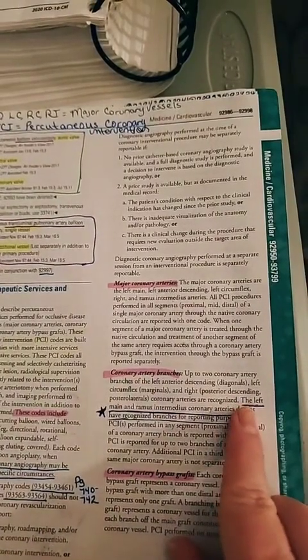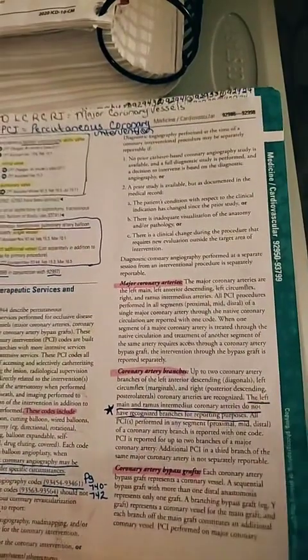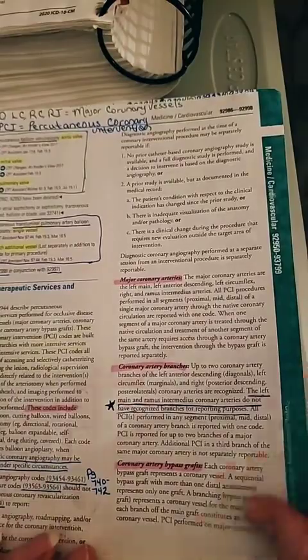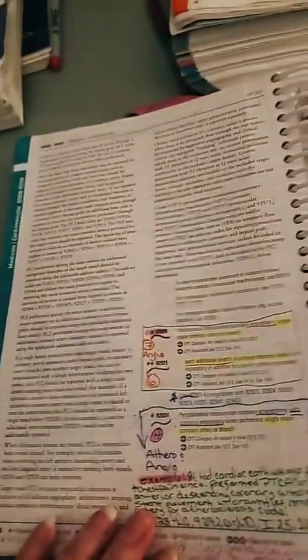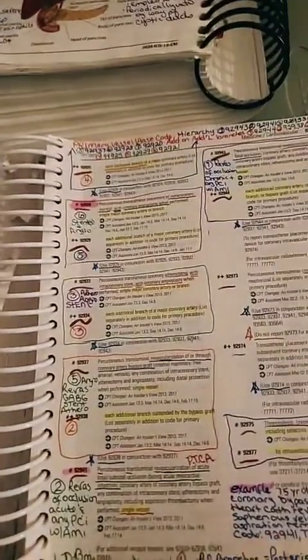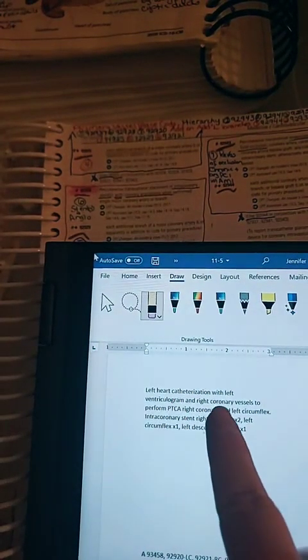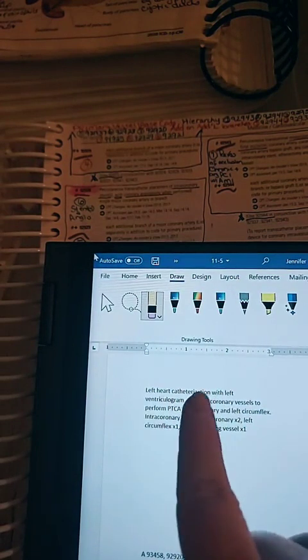It says the left approach is not codable. So there may be a lot of other approaches in certain questions, and I need to find some more examples of them. And maybe if y'all have some that y'all are practicing on, I can help explain it. But make sure you're in the coronary vessels.